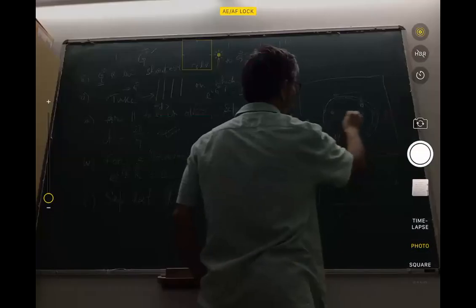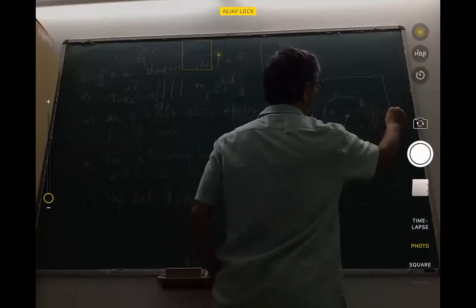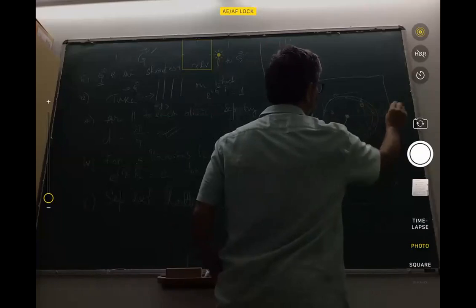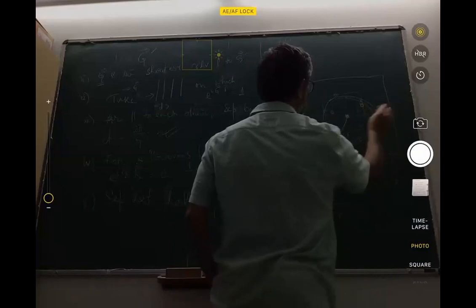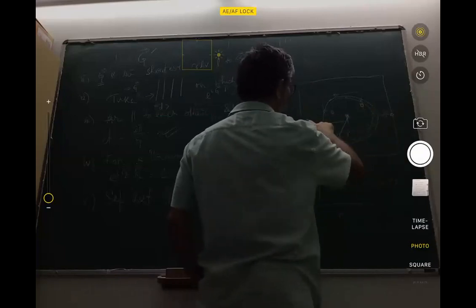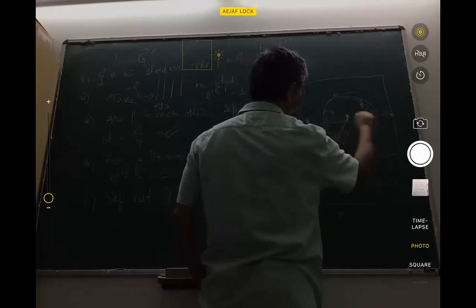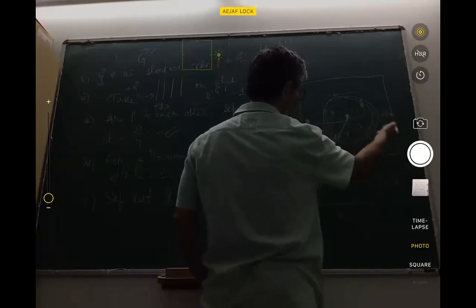Okay, so suppose there is one here, and the other one is sitting here. Within your box, to be extreme, let us say this one is right at the boundary. If this distance is some x1 within the box, the distance between these two would be L by 2 plus x1.